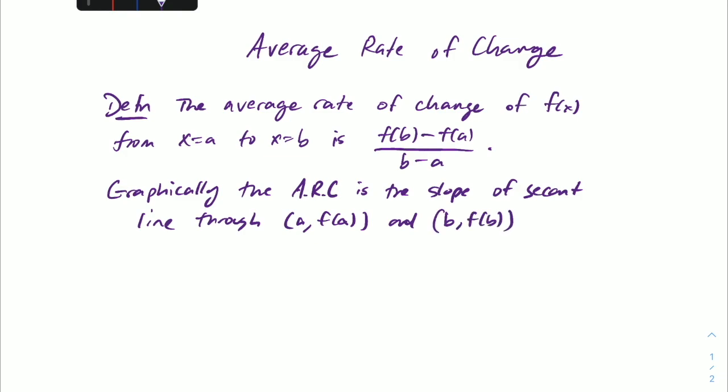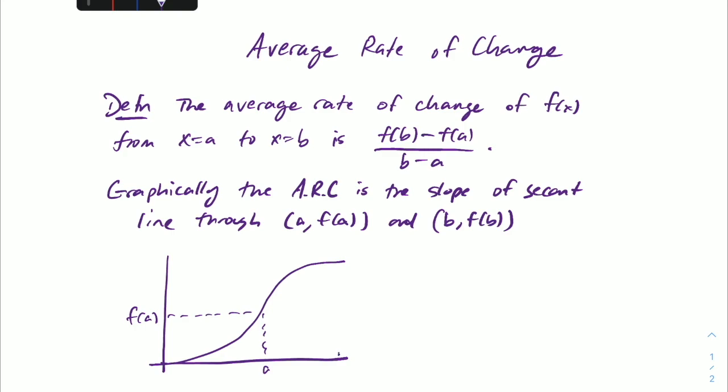Let's draw a picture here. So we have some function. We have a point A and its output f of a, and we have a point B and its output f of b.